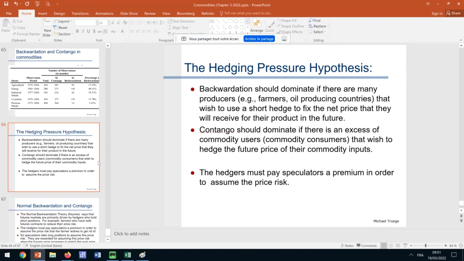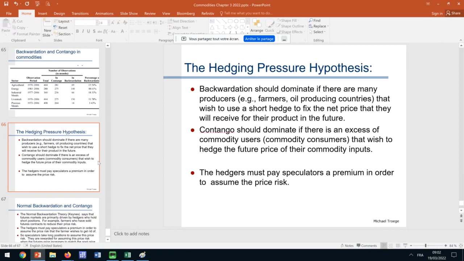In other terms, the farmers have some idea of what, on average, should be the price at the end of next year. But the problem is they cannot just wait until the end of next year to sell, because they cannot take the risk that comes with this average. So instead of waiting and selling on average at a higher price, they are willing to sell a futures contract even if the futures price is lower than what they think they will get on average in one year.